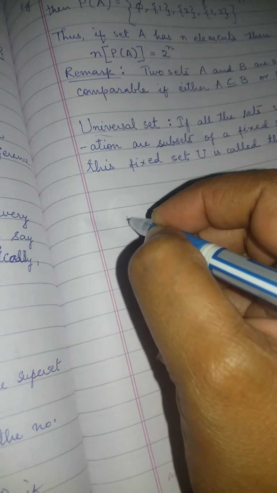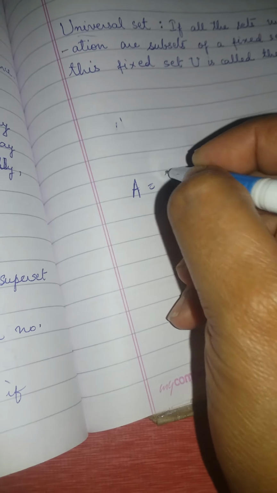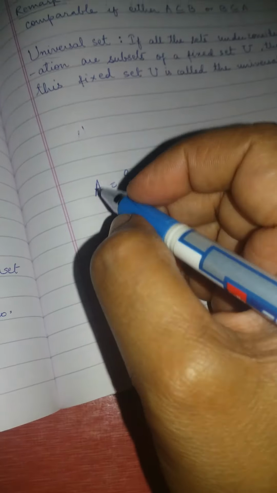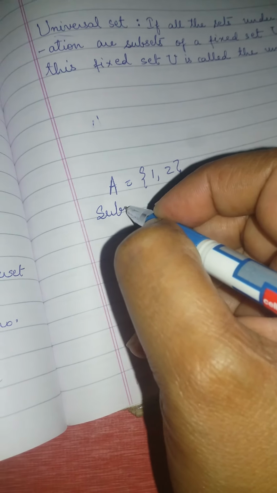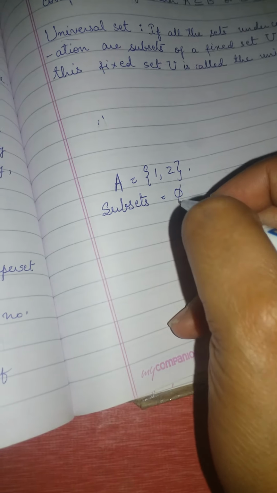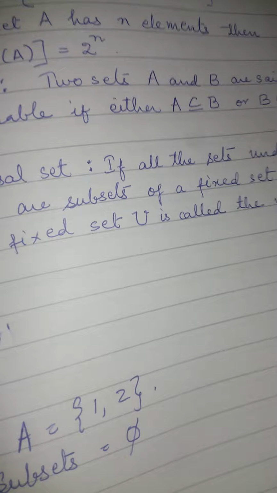Suppose set A is equal to {1, 2}, and I want to form subsets of set A. As you know, the first subset is always phi. Phi is always a subset of every set. It has 0 elements.